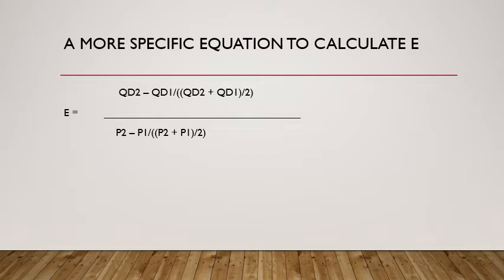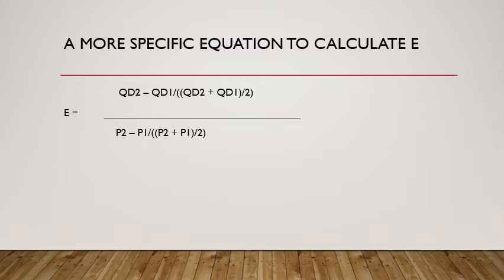Now, in the denominator of this equation, we have the percent change in price, which is the cause. We structure it this way: P2 minus P1 divided by P2 plus P1, and in turn that gets divided by 2. Why are we dividing by 2?